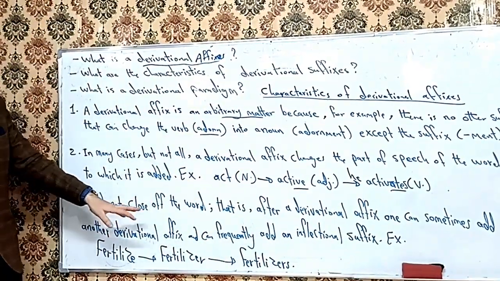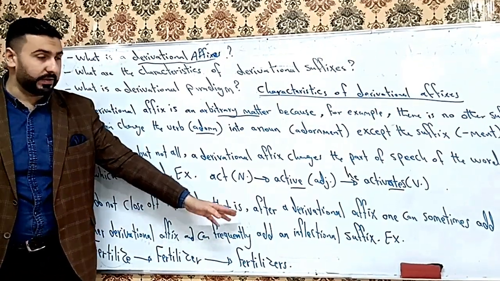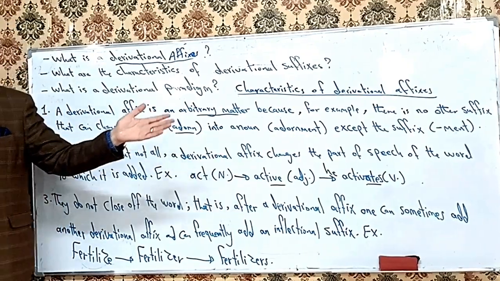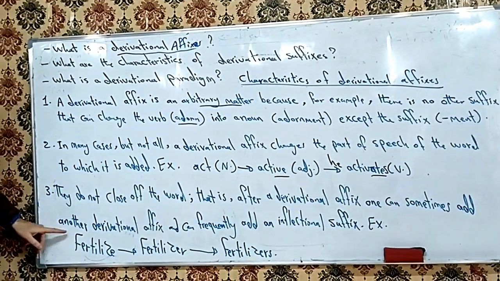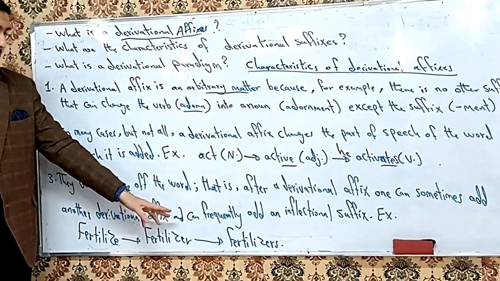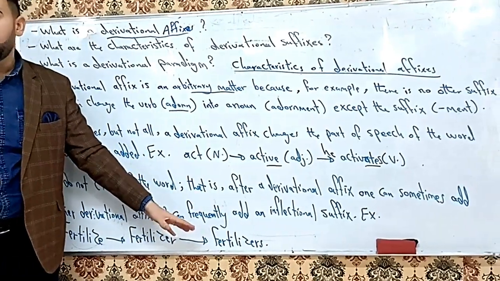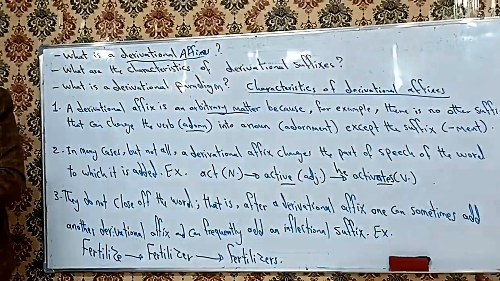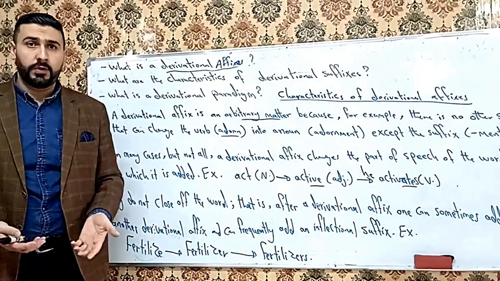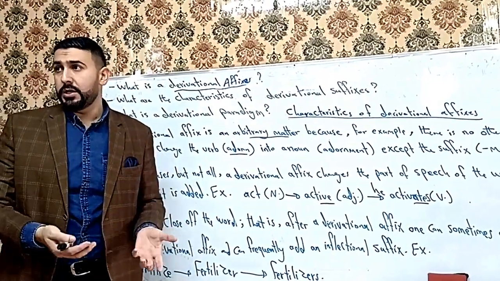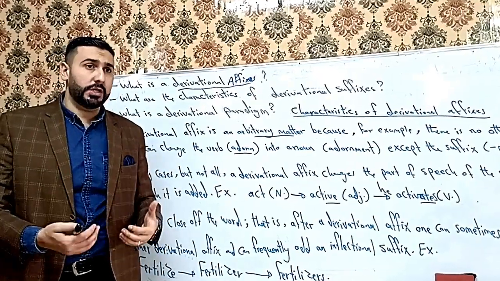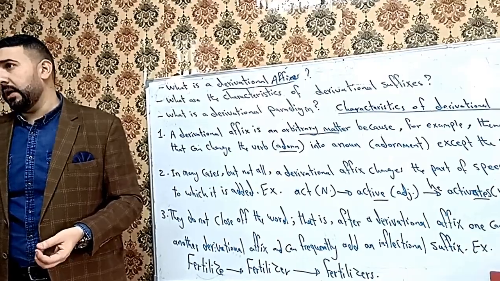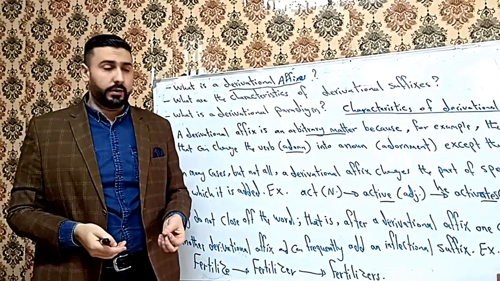So they do not close off the word, that is after a derivational affix one can sometimes add another derivational affix and can frequently add an inflectional affix. وبالتكرار الواحد ممكن يضيف بعد derivational affix يضيف inflectional affix. يعني inflectional affix تيجي دائما في نهاية الكلمة ونضيفها بعد derivational affix.